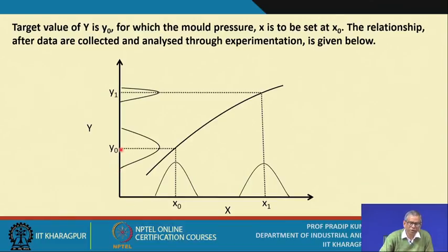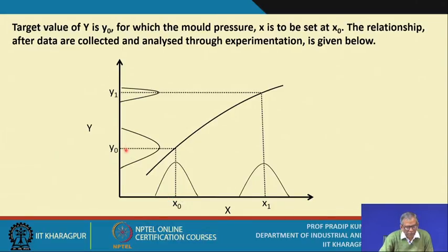Now, what do you find in this particular case, that this variability is very high. Okay. So, that is why it is not acceptable even if you get y0, but most of the time the values of x will be either less than x0 or greater than x0 within this zone definitely.